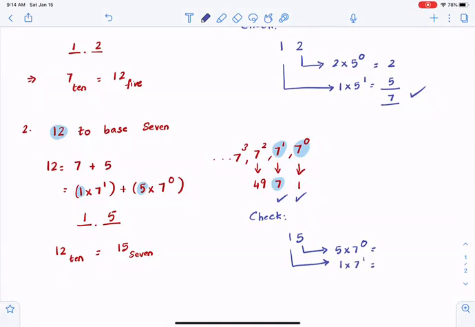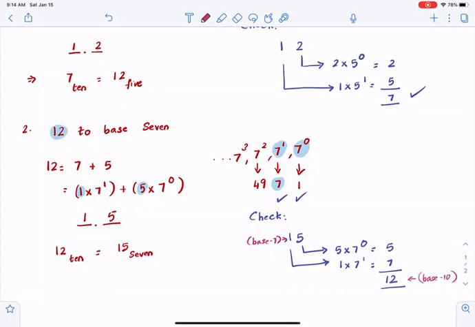So we will end up having 5. 1 times 7 is 7. Add them together, 12. So base 7, 15 over here is 12 in base 10.